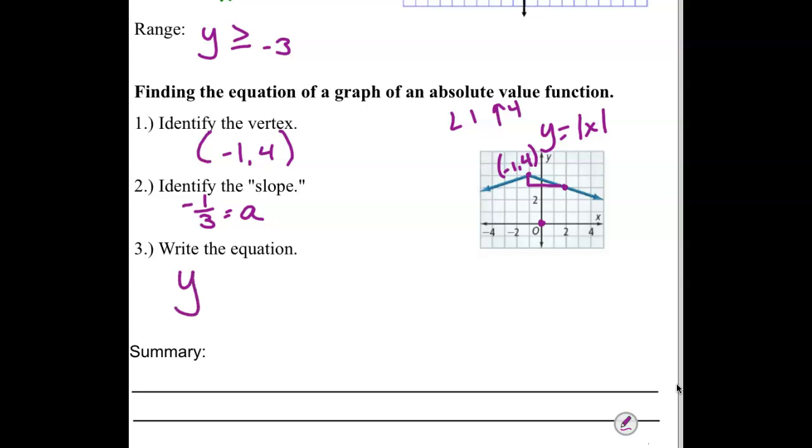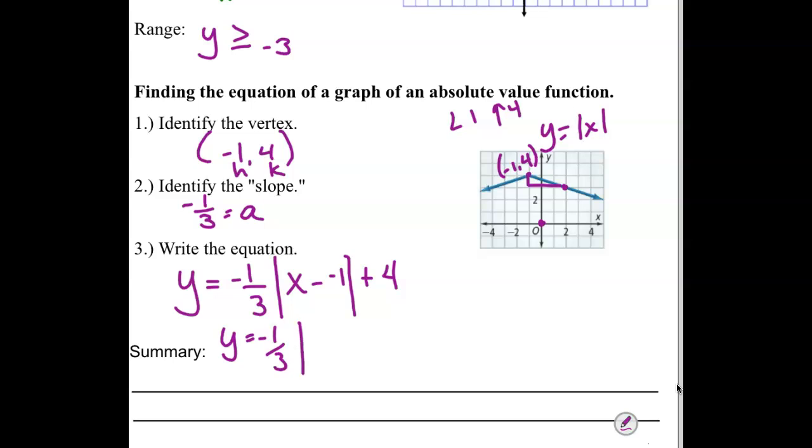So my equation, y equals my a value, absolute value, x minus my h. In this case, h is negative 1, and plus my k value, which is a 4. Now we could clean this up a little bit and change this to just be an x plus 1. It still indicates a left 1 shift.